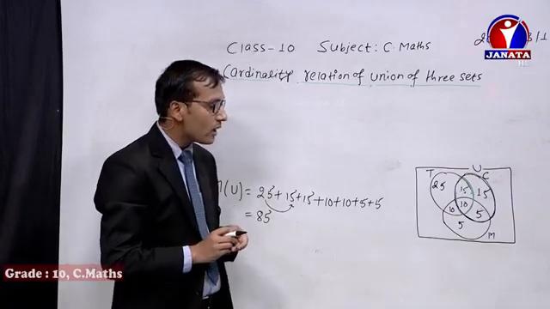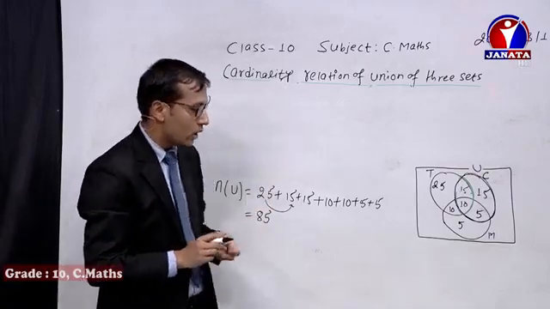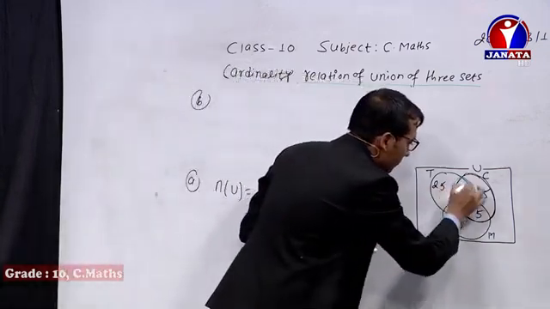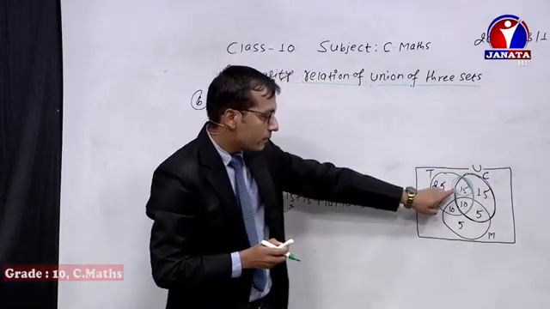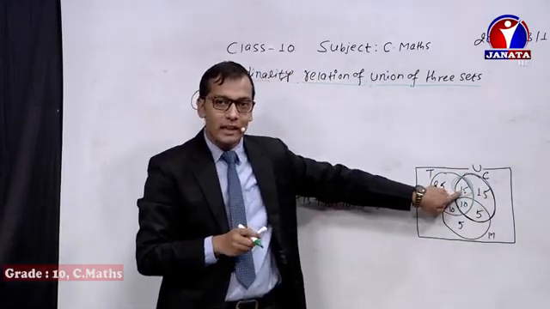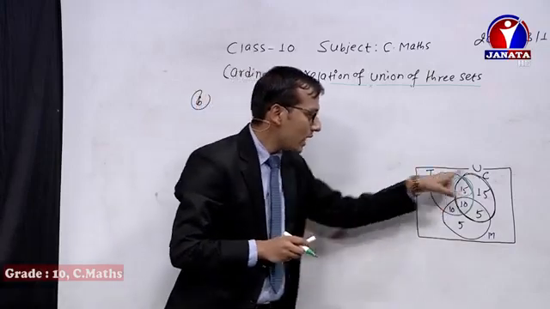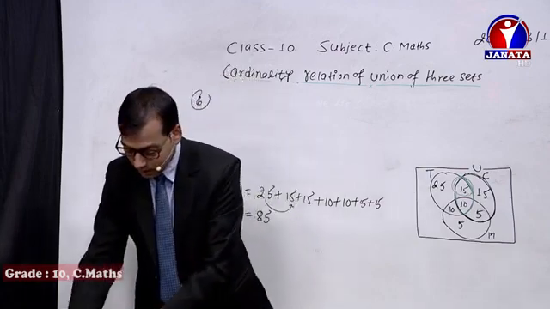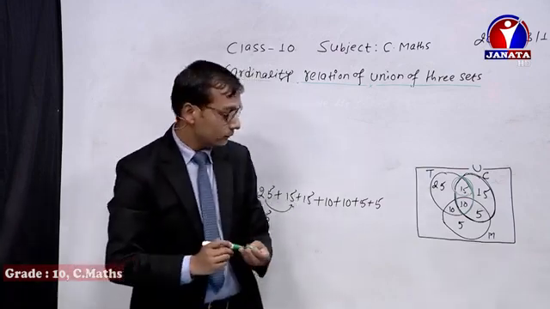There are 3 different regions. This 15 is the number of students who exactly like tea and coffee, that is n only T intersection C.